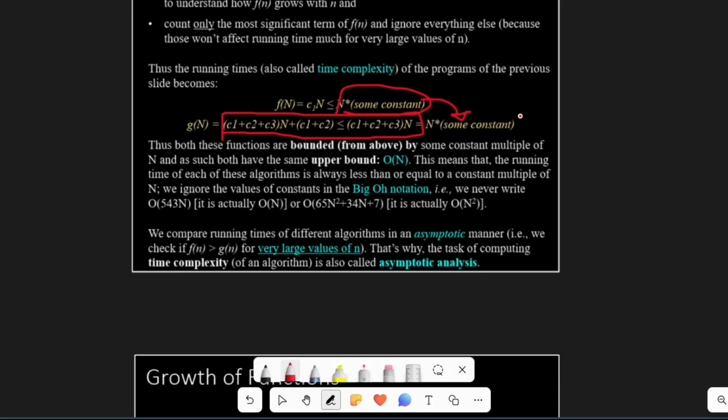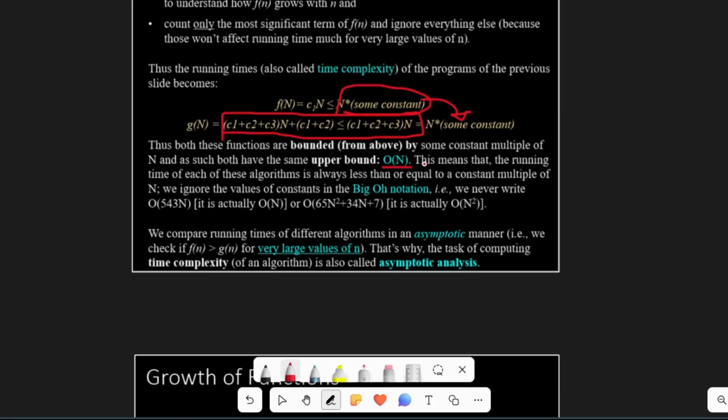It helps to analyze the algorithm best. So this is the worst case. We take n into some constant. Both these functions are bounded from above by some constant multiple of n, and as such both have the same upper bound, order of n. We can write it order of n.